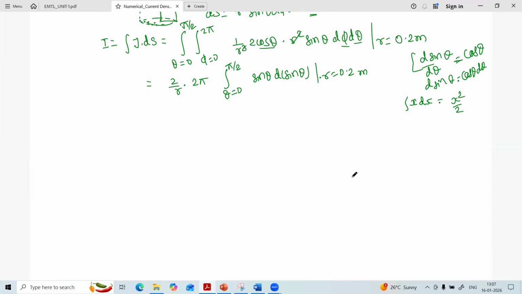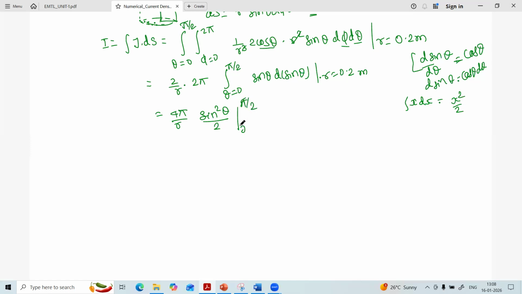Now what will be the situation? Here we have 4 pi by r, and this will be sine squared theta by 2, with limits 0 to pi by 2.